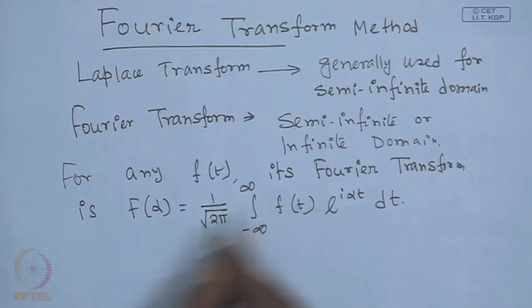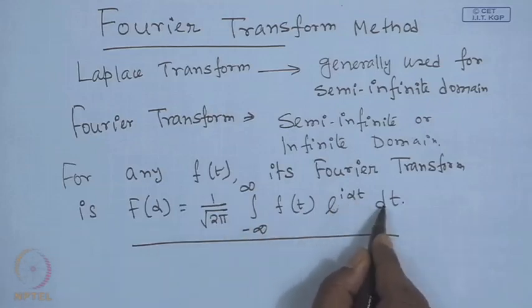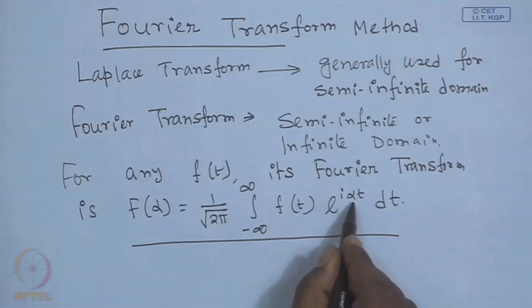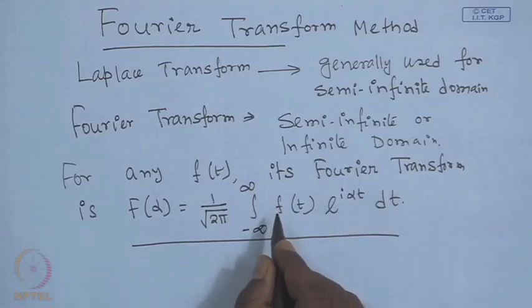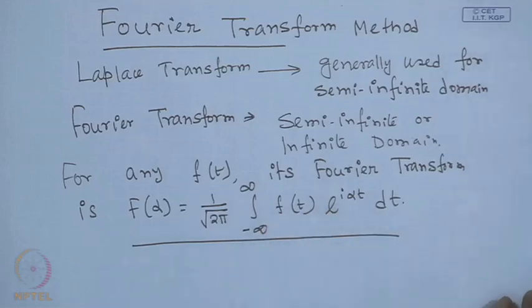So, this is the form of the Fourier transform given any function f of t. It is multiplied by 1 over root 2 pi e to the power I alpha t dt, and the domain of integration is from minus infinity to plus infinity.